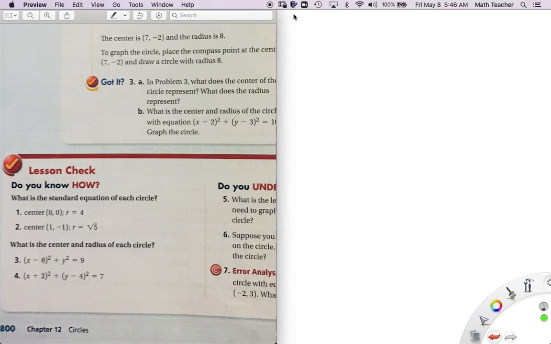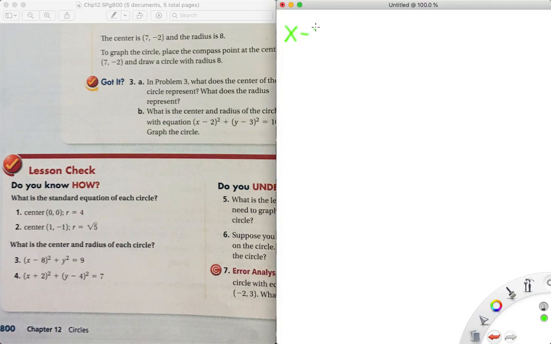So remember that the equation of a circle is going to be x minus h squared plus y minus k squared is equal to the radius squared. So we have the center, so h equals 0, k is equal to 0, and the radius is 4.